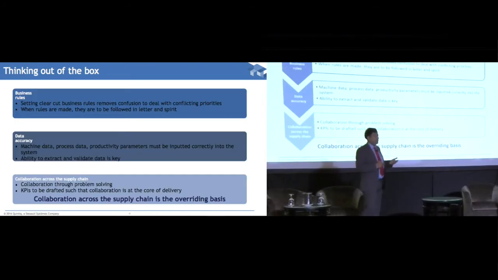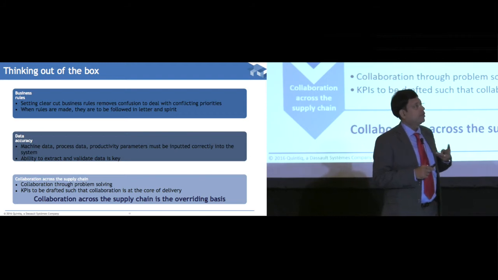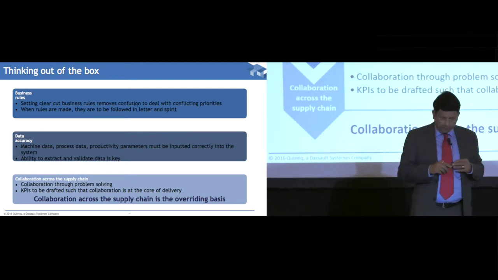There are a few things I would like to summarize at the end. There are three things which were very important. The first one, of course, was the business rules.